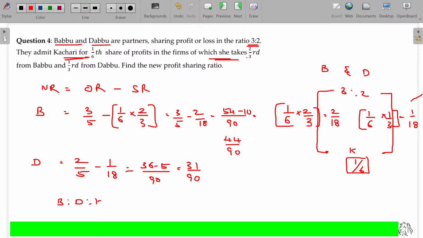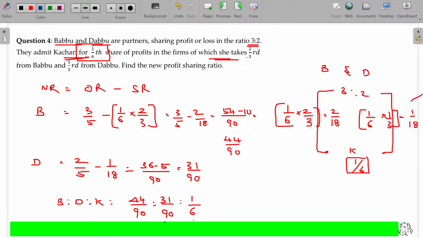B, D and K: 44/90, 31/90, and his ratio being 1/6. If the denominator is not the same, you have to make the denominators equivalent.